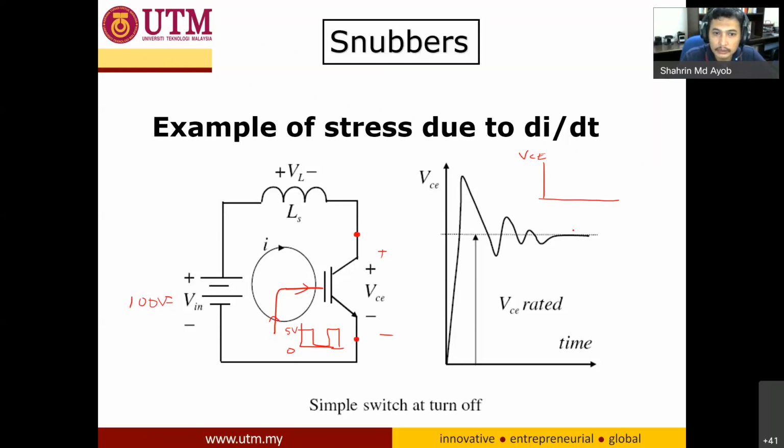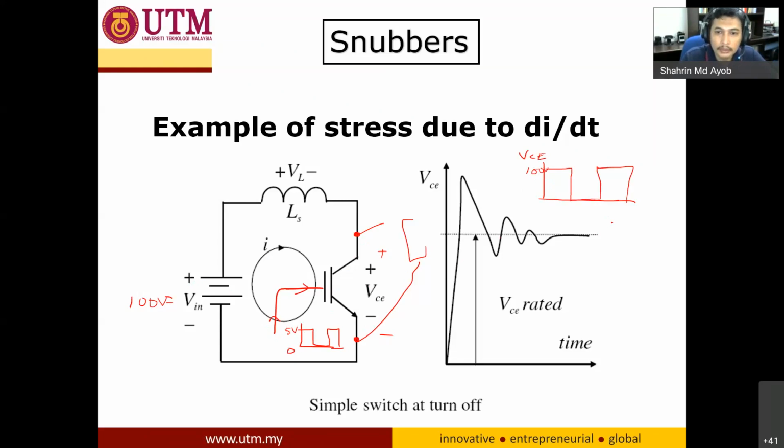If you put your oscilloscope, you will see a waveform that follows the signals. Because the signal is on, off, it will follow the same signal, but the voltage here is 100 volt because it is connected to the DC source.